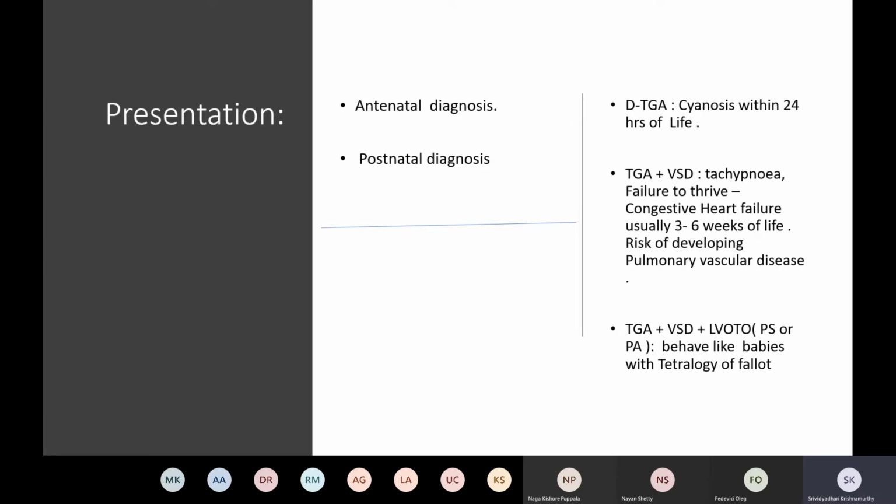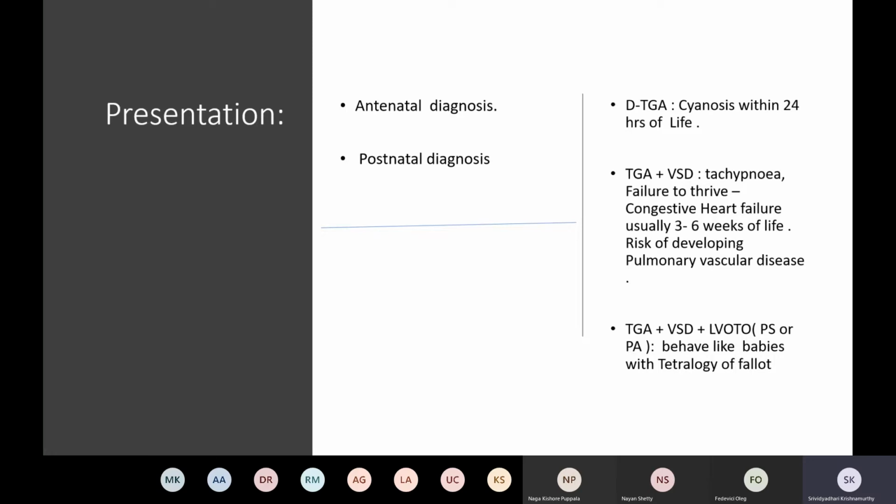The second spectrum is TGA with VSD. So basically, there's quite a lot of mixing happening between the right and the left side. These are the proportion of patients who present with tachypnea or failure to thrive, and they might not necessarily be cyanosed, depending on the amount of mixing at the ventricular level.